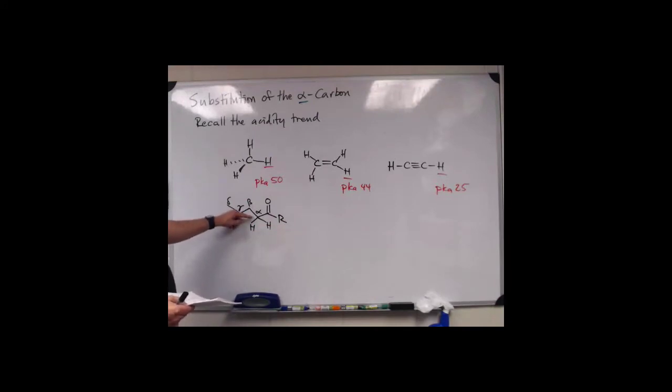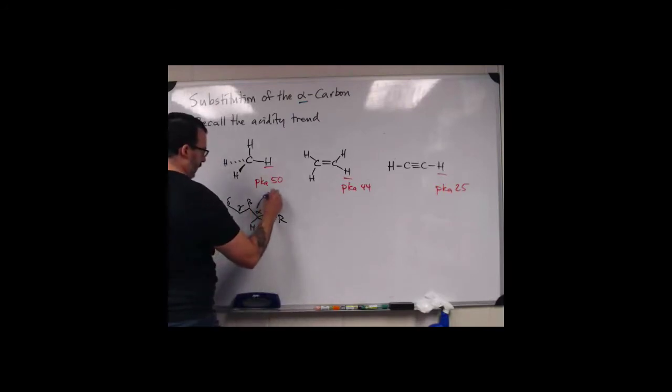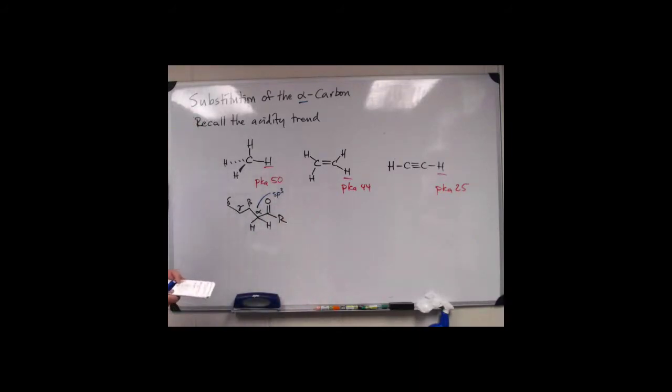We can see that that alpha carbon is sp3 hybridized. None of the prior chemistry on that whiteboard would work if the acidity of these hydrogens was 50. They're significantly lower than that. In fact, they're about 20 to 25. So they're much more acidic due to the fact that they're next to this carbonyl.